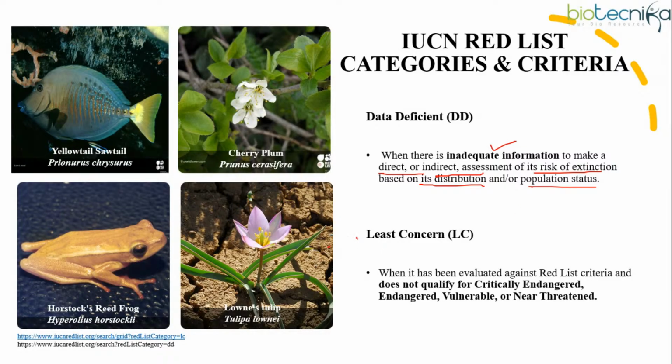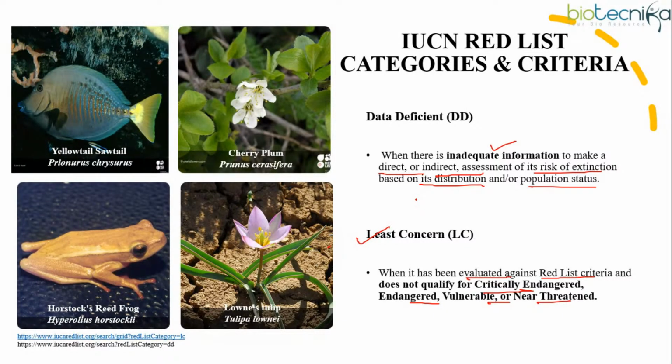Then least concern. A taxon in this category has been evaluated against the other criteria, but it does not qualify for critically endangered, endangered, vulnerable, or near threatened. If you compare data deficient and least concern, in data deficient the taxon may be well studied and its biology well known.